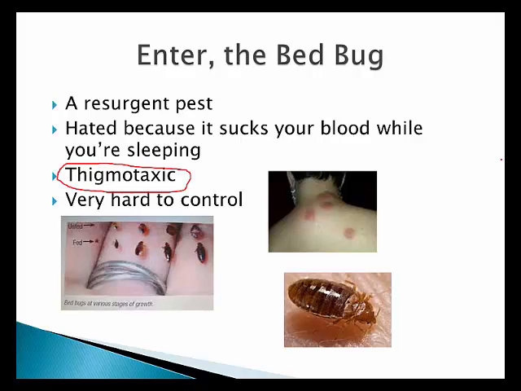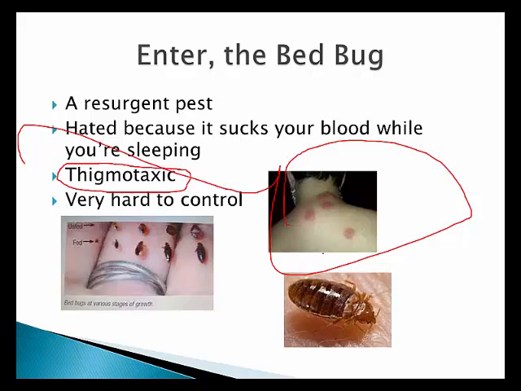So you will find evidence of their visit in the morning in the form of lovely welts on the back of the neck in this place. It's more typical to find them on the arms and stuff like that, but you see that the welts can cause a fairly significant allergic reaction in people, making them rather large, unpleasant, and extremely itchy.